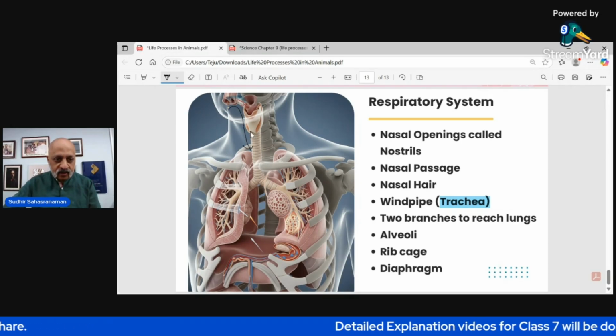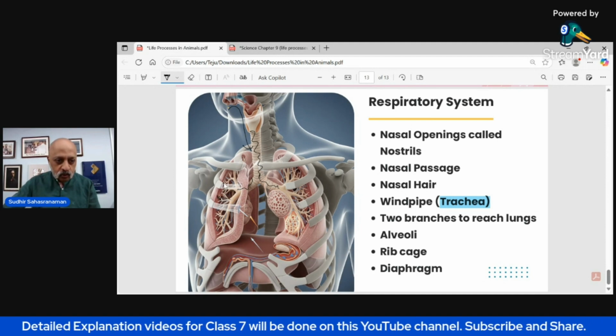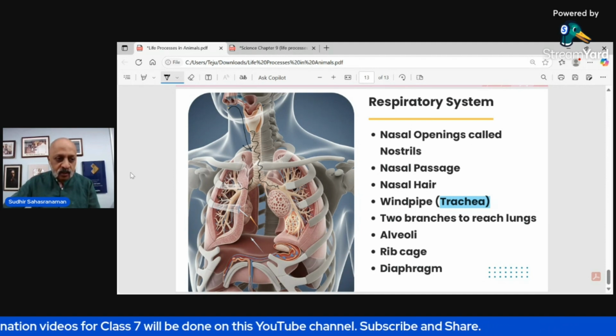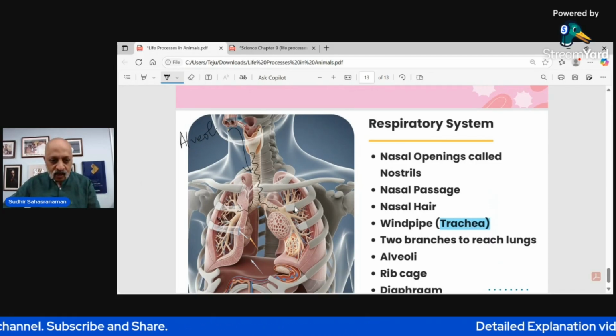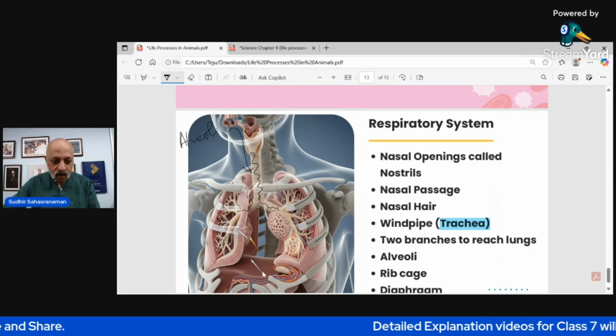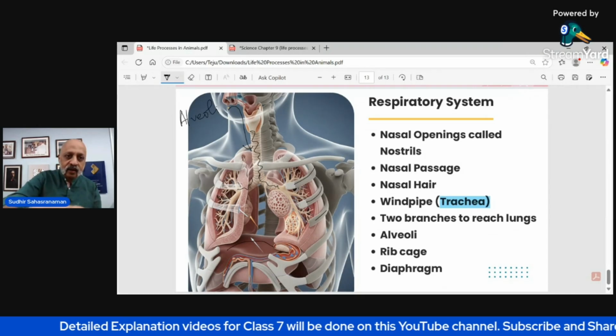This is the trachea. The windpipe goes into the two lungs. It goes into different small parts, which are the alveoli. You are seeing the rib cage, and below is the diaphragm. So the two branches reach the lungs, the alveoli, the rib cage, and the diaphragm.